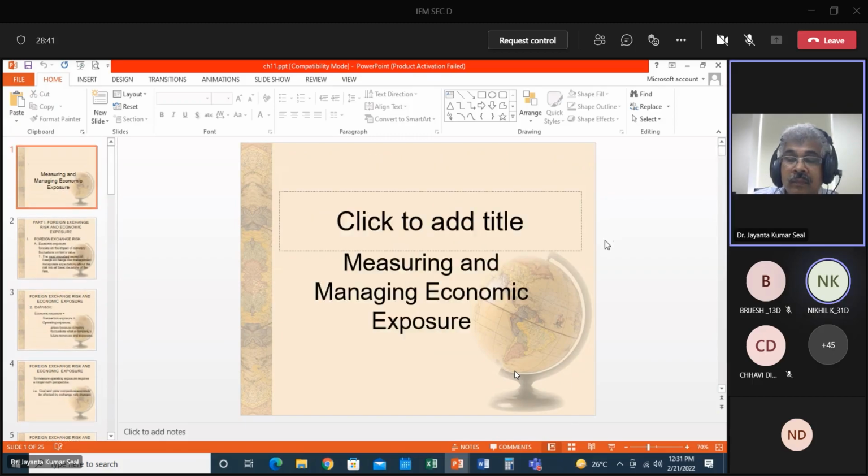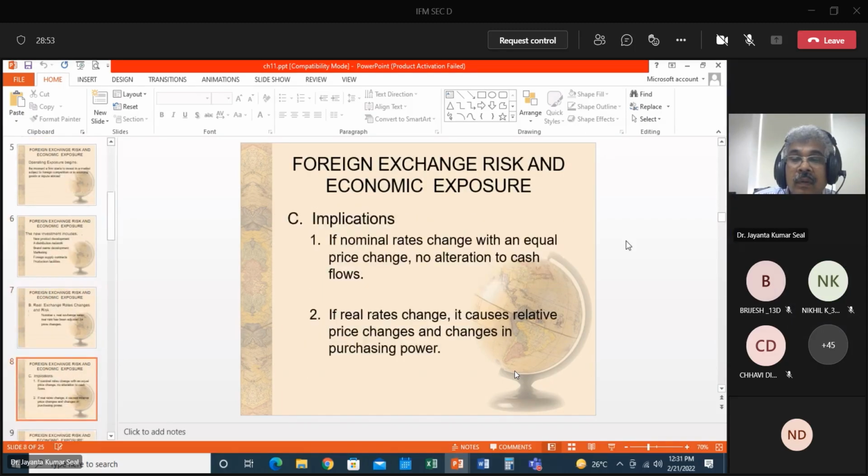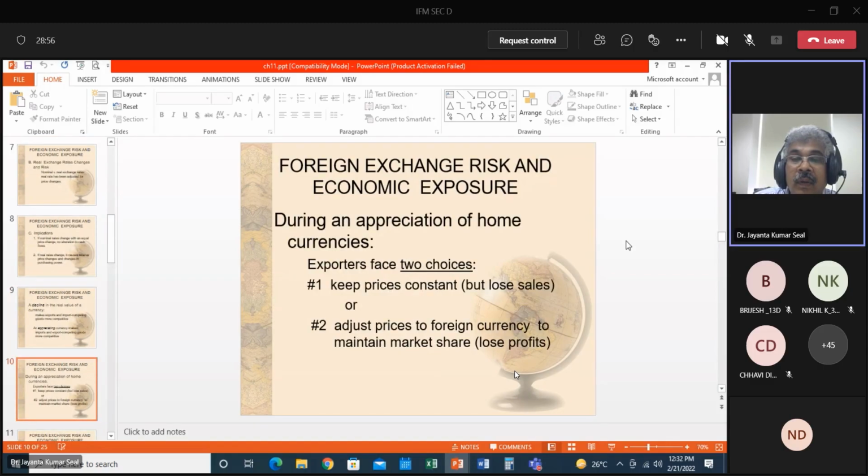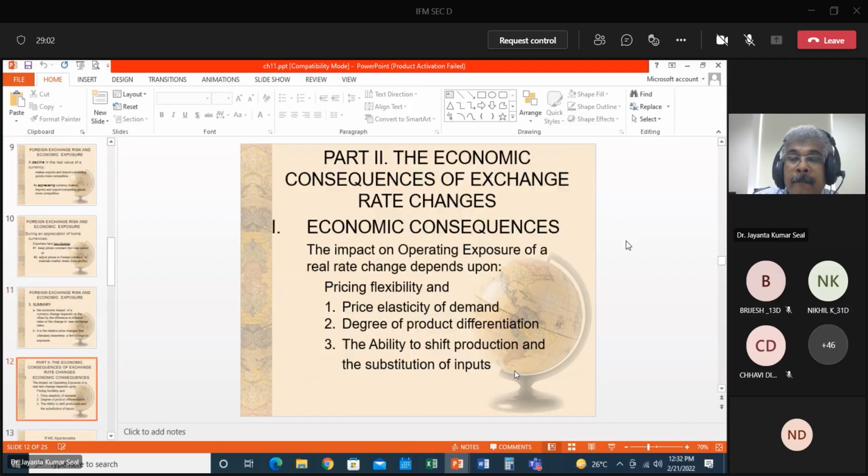So what is the term shop the world? It was there in one of the slides. What is the meaning of shop the world? It was there in the last one.